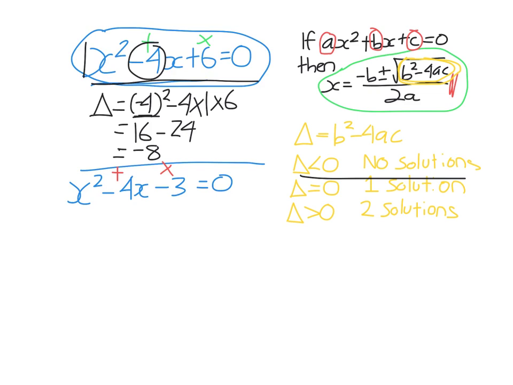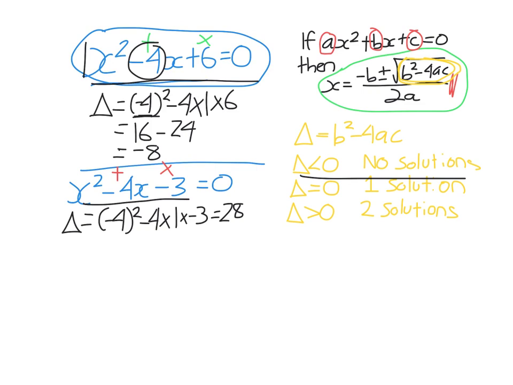So here, if I calculate the discriminant first, b is again minus 4, so I get b squared minus 4 times a, the number in front of x squared, times c. That actually gives me positive 28 this time, so this equation will have two solutions. We're now going to go ahead and use the quadratic formula to find those solutions.